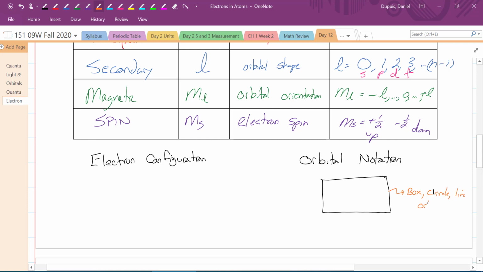That represents the orbital, one box or line per orbital. The arrows represent the electrons. That's an electron with ms equals plus 1/2, and this electron has ms equals minus 1/2. Spin up and spin down. They draw the arrows that way, but you can draw your arrows however you want. That's how a lot of people do them.